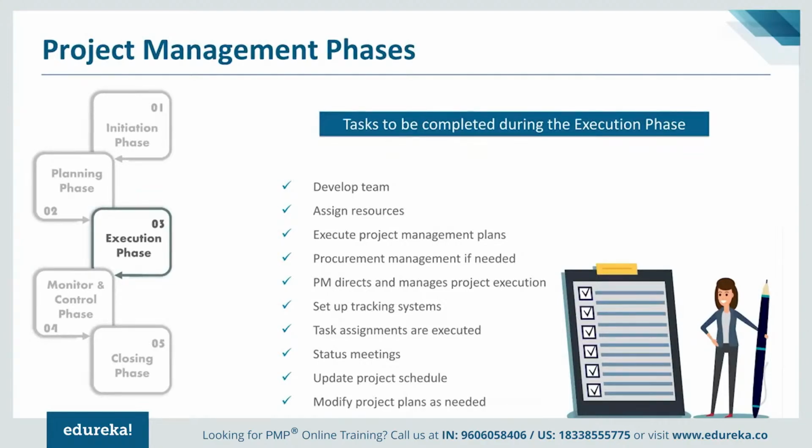At times we might need to also reach out to some of the other enterprise teams. The enterprise teams could be the procurement team, it could be the finance team, it could be the human resource team. And why do we need to reach out to them is because if I want to procure something on the project, I can reach out to the procurement team, the finance team, and try to procure things for my project. In the digital project example, I might need to onboard certain vendors because it's going to be a new experience to me and I don't have that expertise.